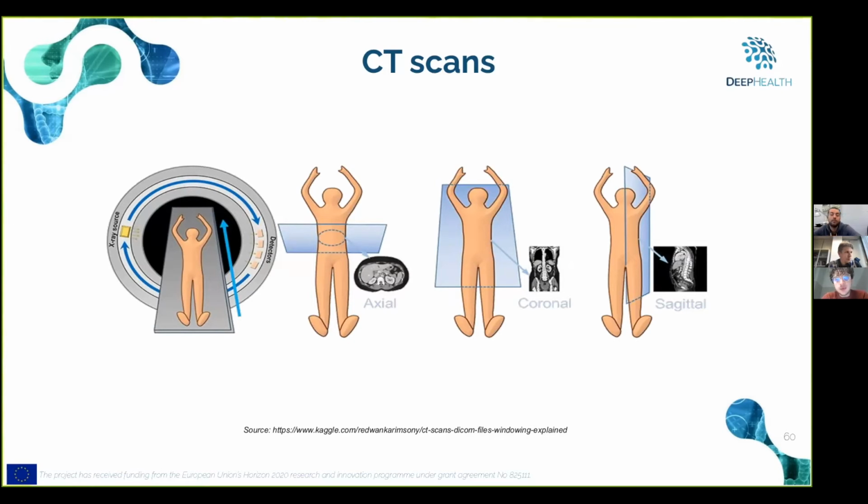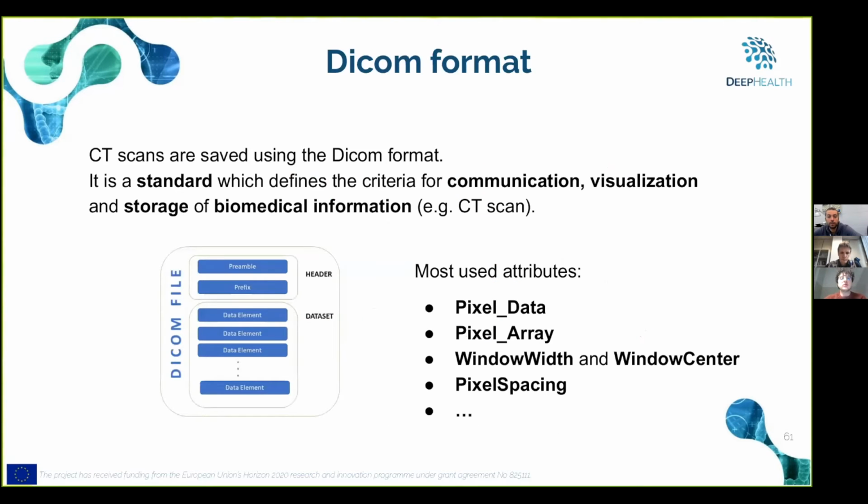In this example, we have a spiral CT scan, so we have a single source and multiple detectors, and this detector rotates around the patient and produces the CT scans.